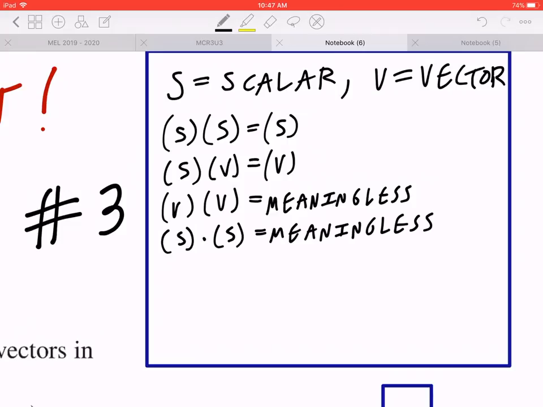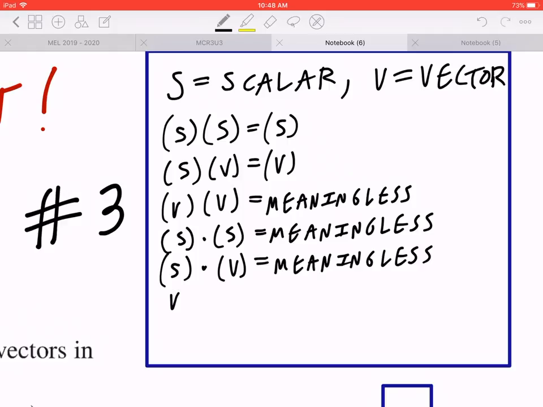And if you take a scalar dotted into a vector, so again, 5 dotted into vector w, this is also meaningless. If you take the dot product of 2 vectors, so this you did do, even in the cross product lesson, the dot product of 2 vectors will always give you a scalar outcome.